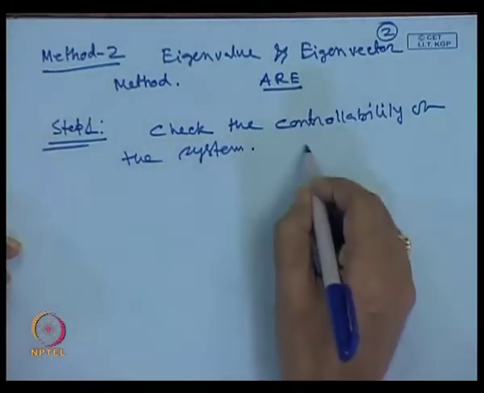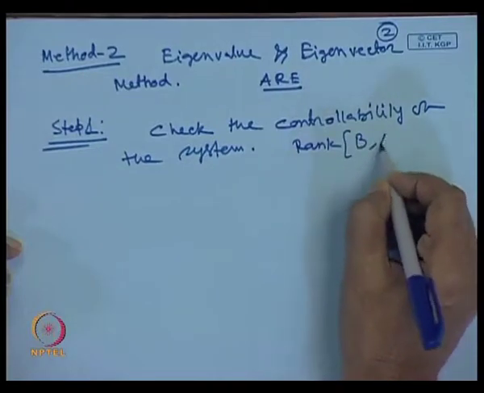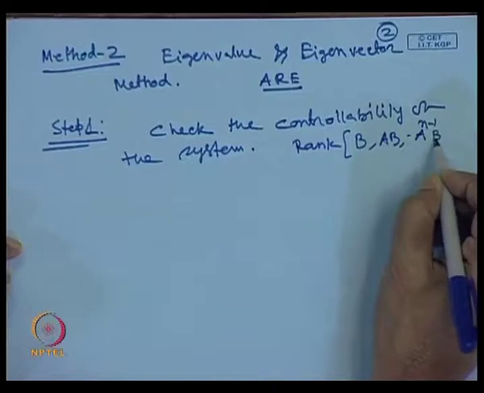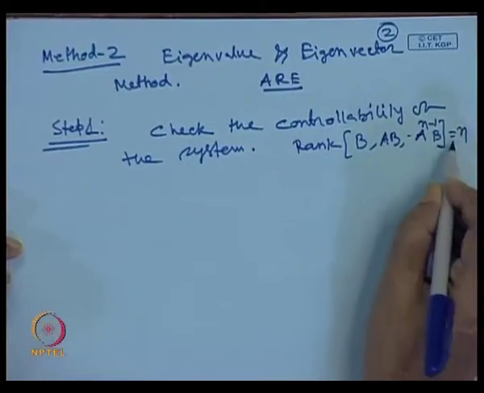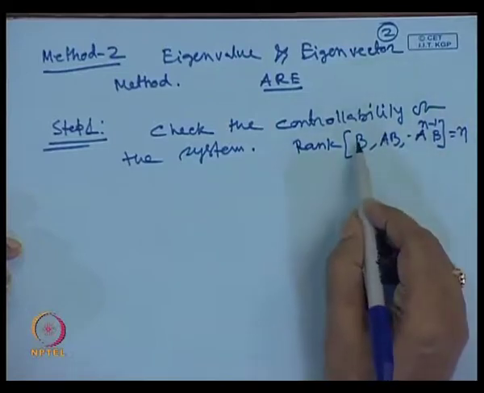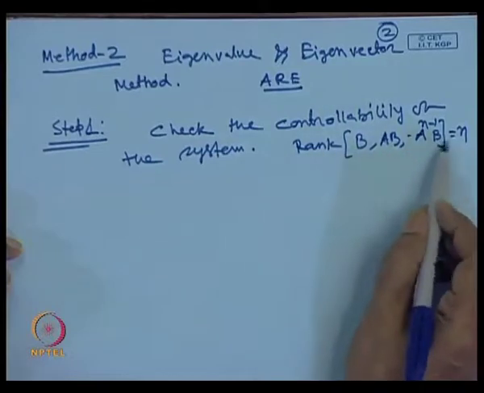Agree? That means the rank of B, A B, up to A to the n minus 1 times B must be equal to n, where n is the number of states or the order of the system, B is the input matrix, and A is the system matrix. The rank of this matrix must be n.